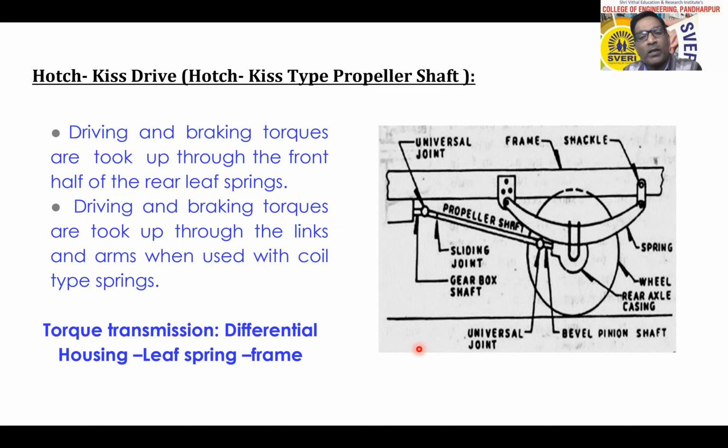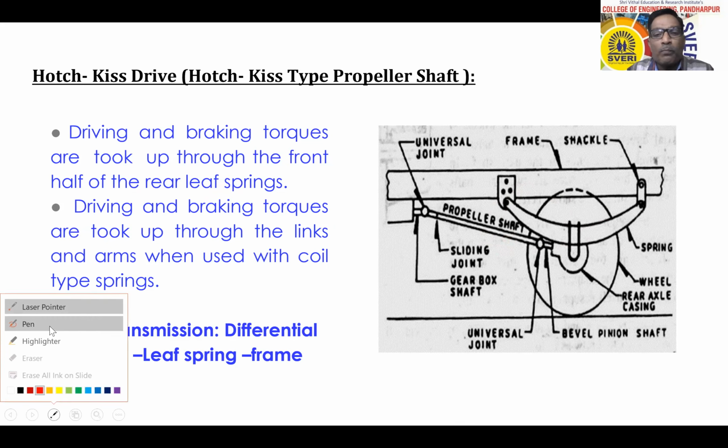Further, you can see what the function is and how it provides driving and sustains the braking torque. Driving and braking torques are taken up through the front half of the rear leaf spring. So this one is the front half of the leaf spring.